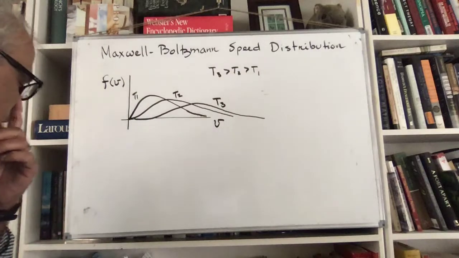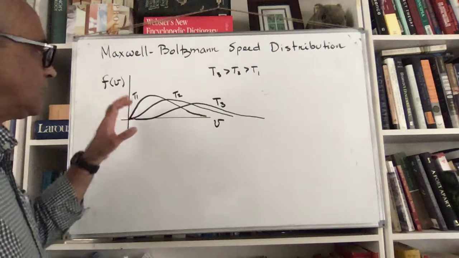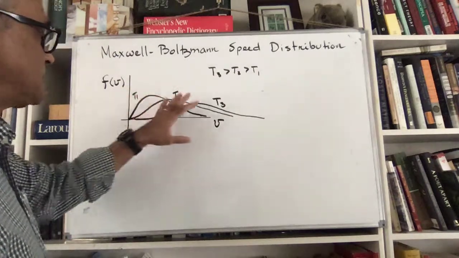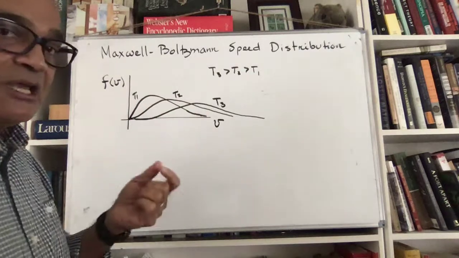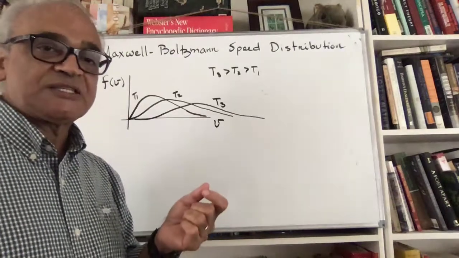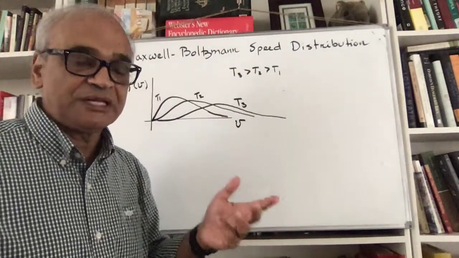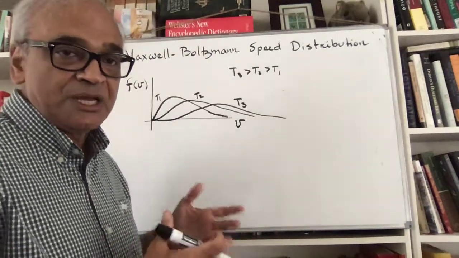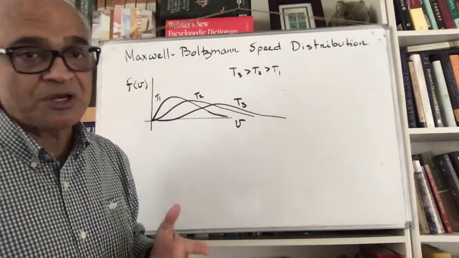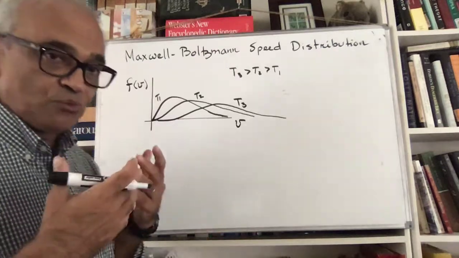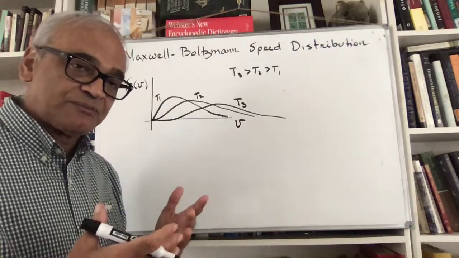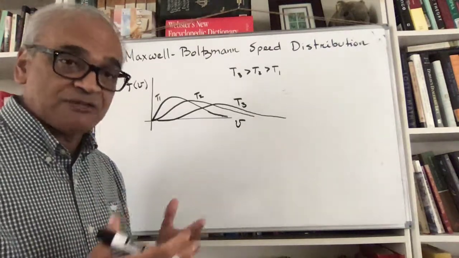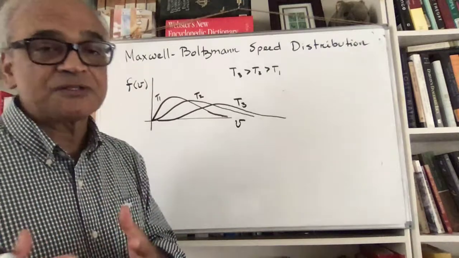Okay, so what does this mean? It means that if I take a certain velocity interval, for example between 100 meters per second and 200 meters per second, we can have an estimate of the fraction of molecules that are traveling with that velocity.